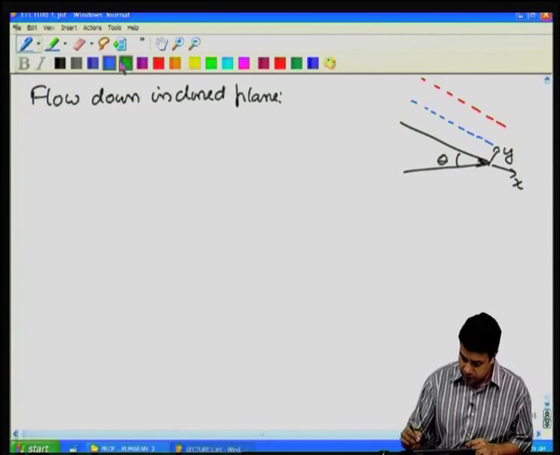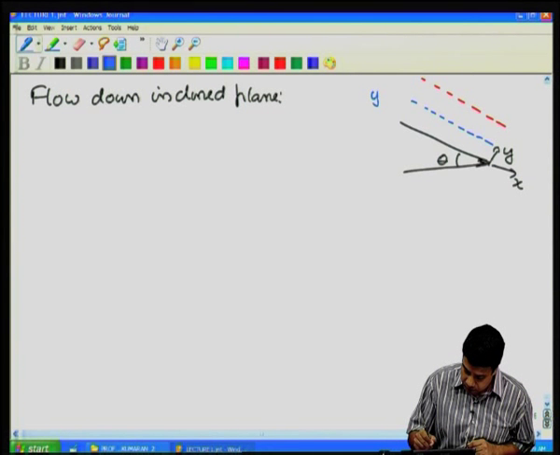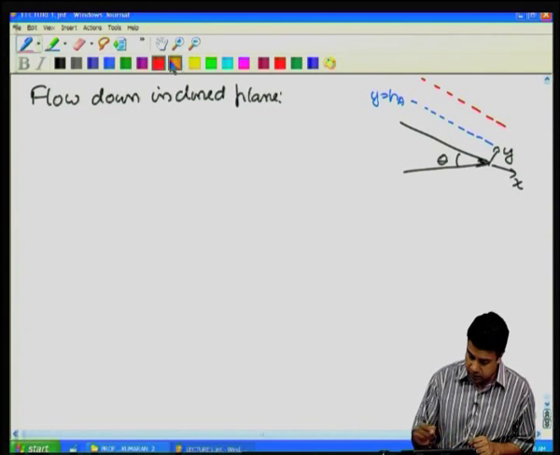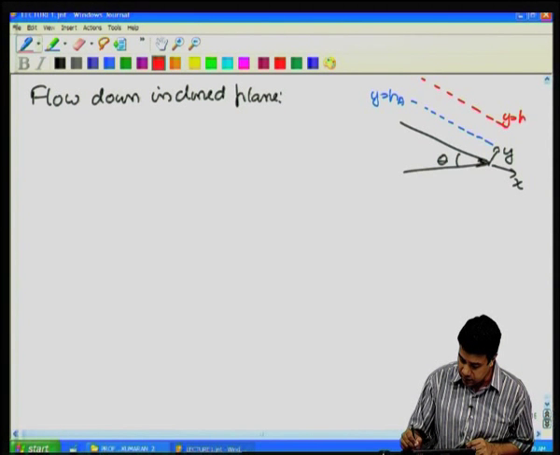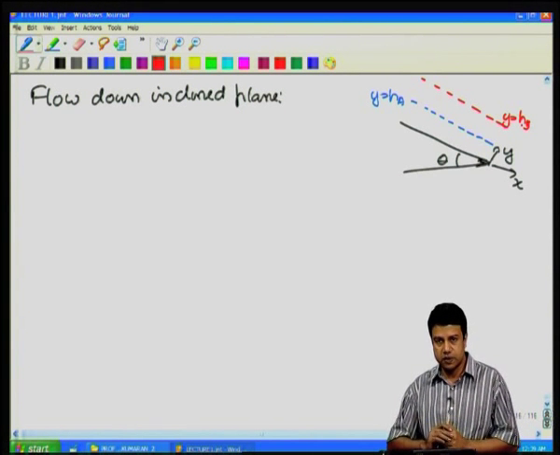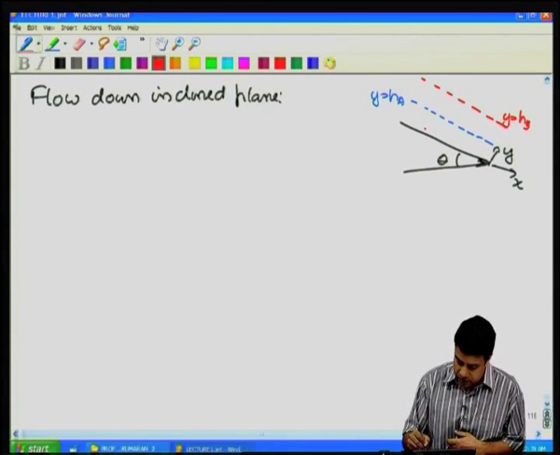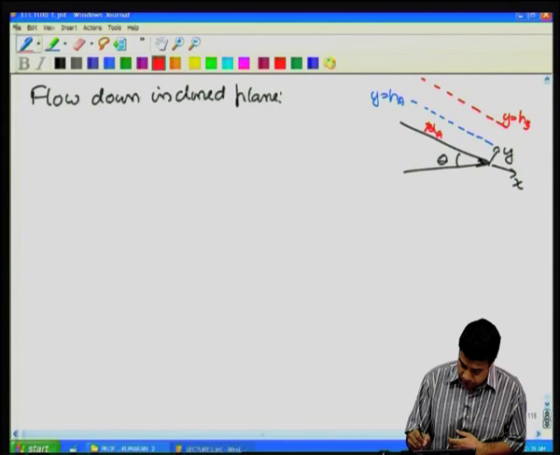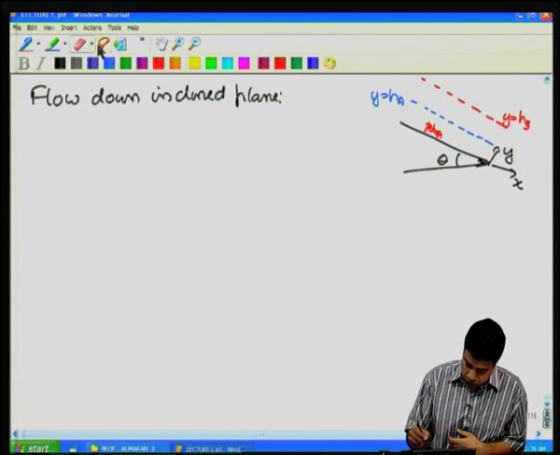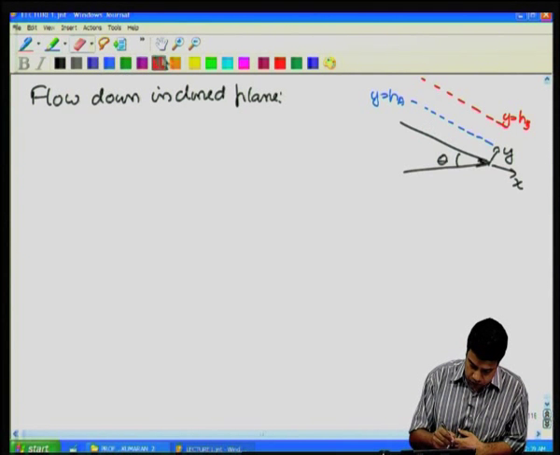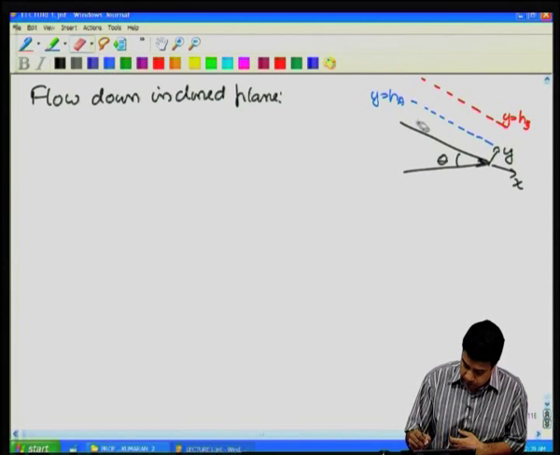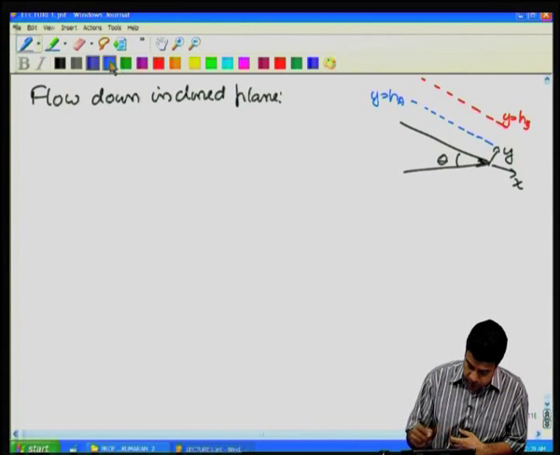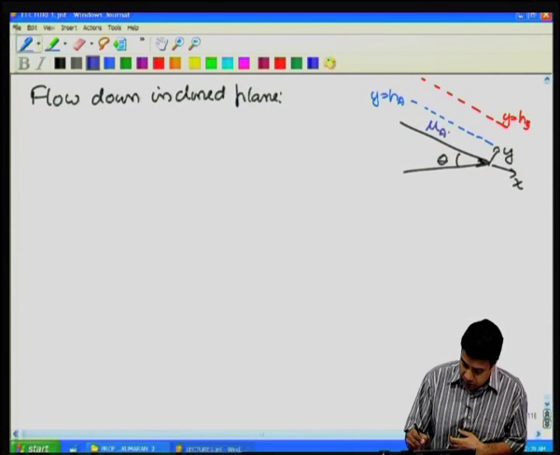So, I have one liquid for which y is equal to h A at the interface, and the other liquid for which y is equal to h B. So, I have two liquids with two different viscosities, mu A here and mu B here.